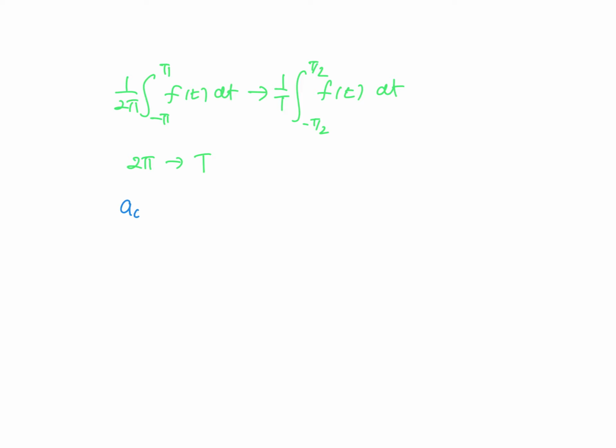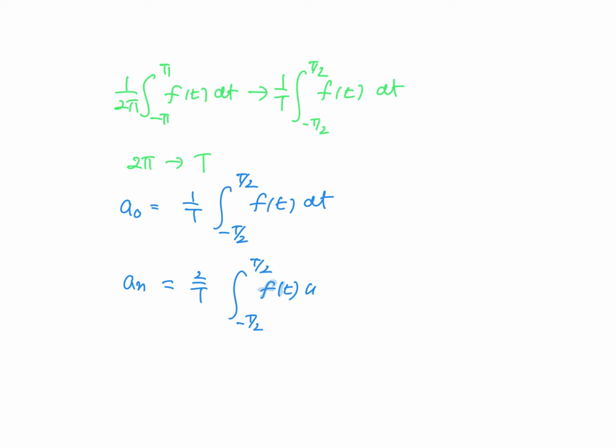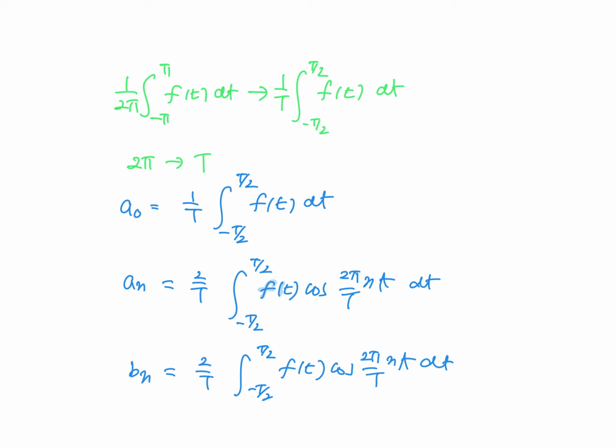So a0 is simply 1 over T times the integral from minus T over 2 to T over 2 of f(t) dt. And 1 over pi becomes 2 over T times the integral from minus T over 2 to T over 2 of f(t) cosine 2 pi n t over T dt. b_n is 2 over T times the integral from minus T over 2 to T over 2 of f(t) cosine 2 pi n t over T dt. Oh, sorry, sine.